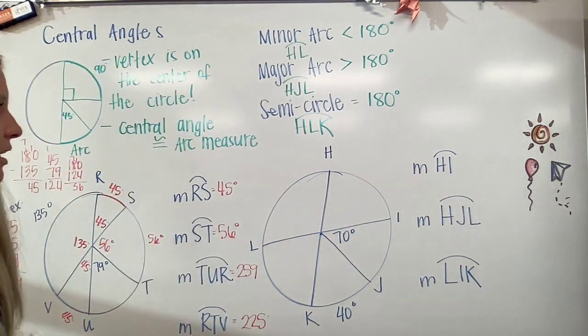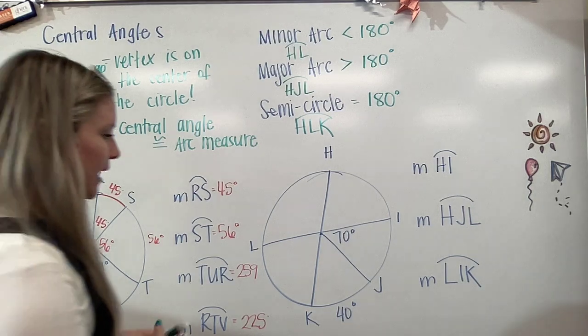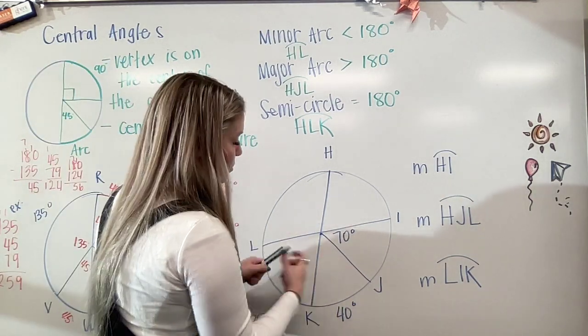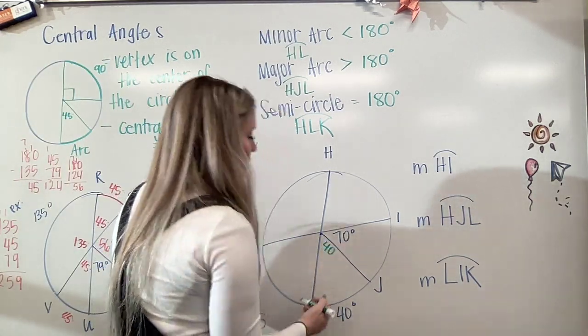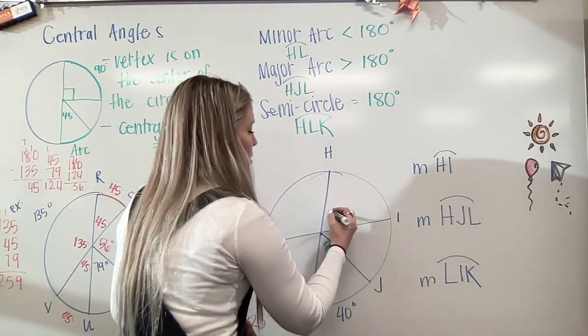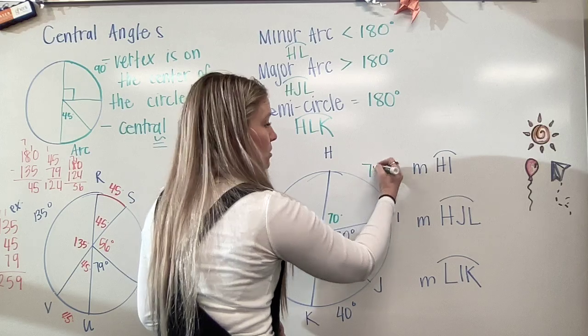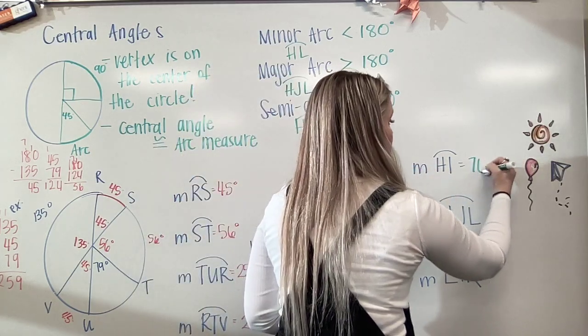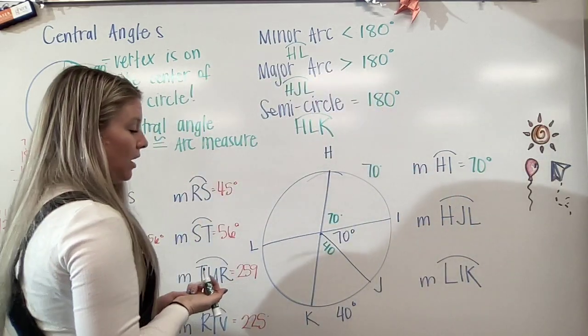So let's take a look here. So H to I. If this is 40, I know this is 40, and I know this is 180. So I have 110, so I know that this is 70, so this is 70, just like that. Boom. Okay.